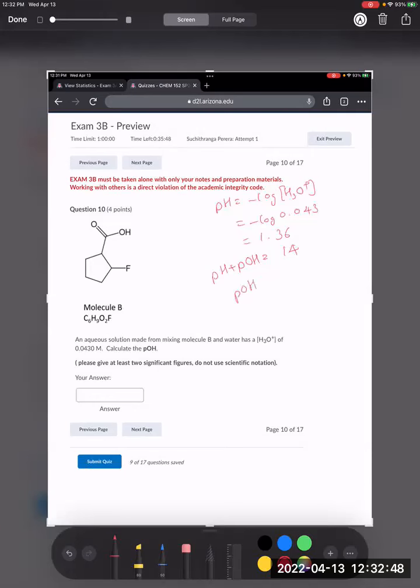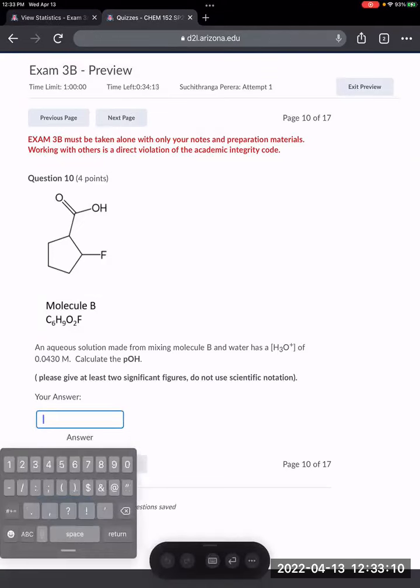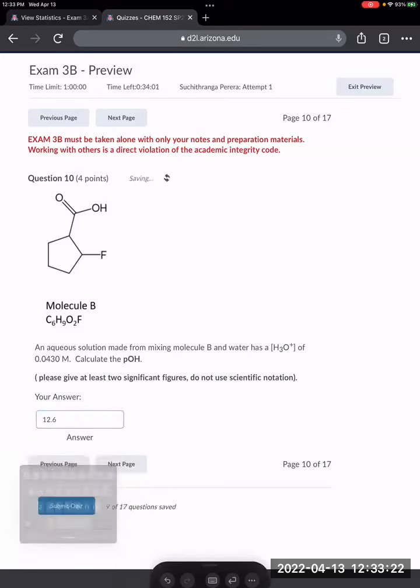Therefore, pOH is 14 minus 1.36, so 12.64 should be your answer. Go here and type 12.6, and see if the system can accept that answer.